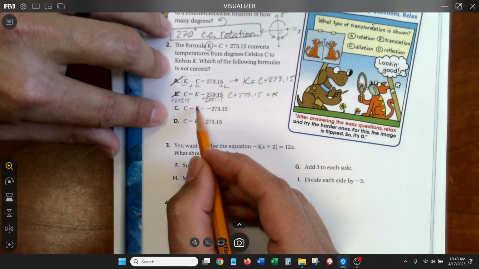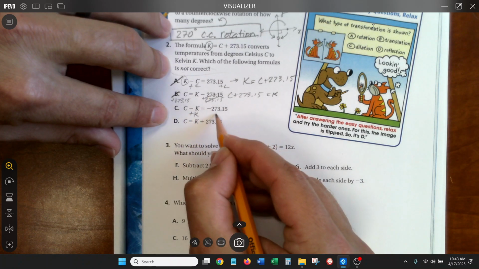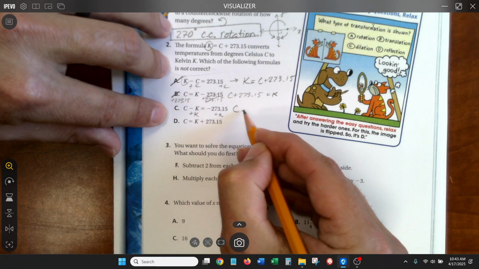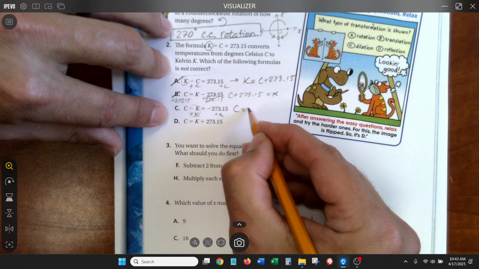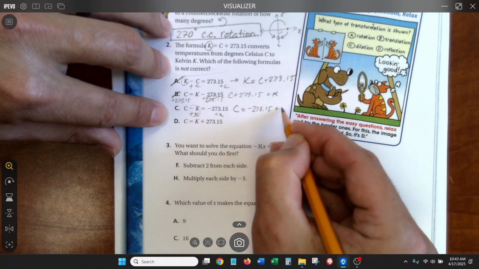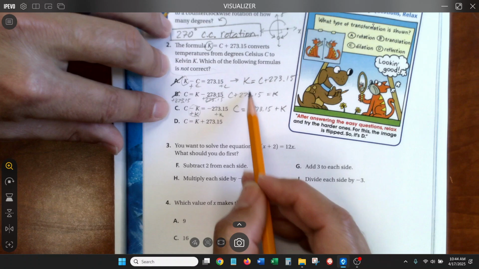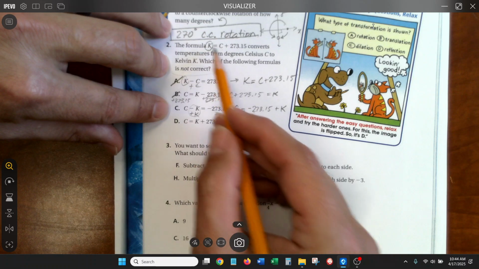So that's a match as well, which means it's not our answer. Then if we solve for K here, we could add K to both sides, and we would get C is equal to negative 273.15 plus K, because negative K plus K is 0. We're solving for K, not C, so we're not done yet.